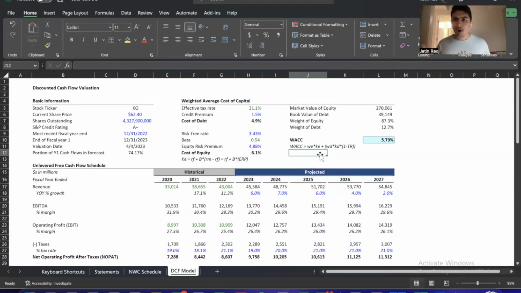So the question is, what is the appropriate discount rate for a company's unlevered free cash flows? Well, there is some valuation science and valuation theory behind it. And if you're really curious about the specifics of the weighted average cost of capital, take a class on valuation if you can, or just look up valuation theory and look up what weighted average cost of capital is online or on YouTube and why WACC is more appropriate.